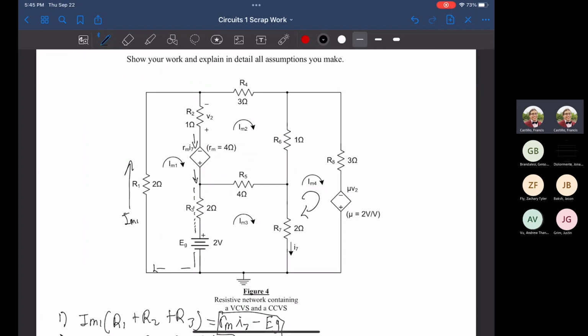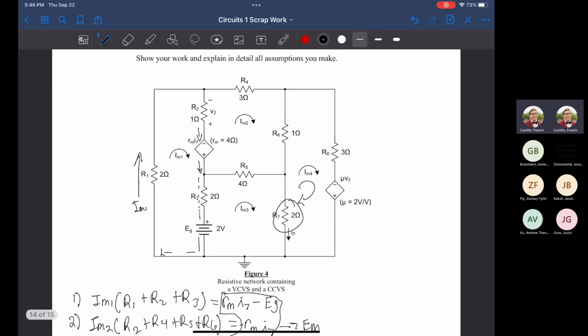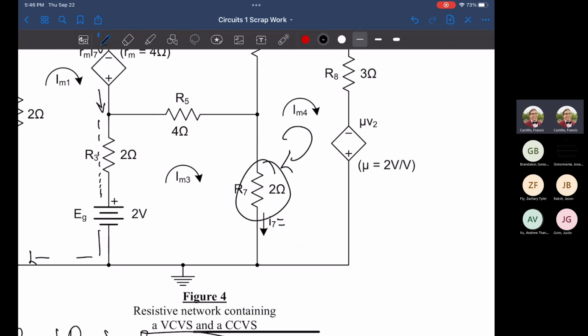Where is I7? I7 is right here. It's shared between mesh 3 and 4, so whatever current is flowing between these two nodes is just going to be the difference. I7 is the difference between mesh 3 and mesh 4.